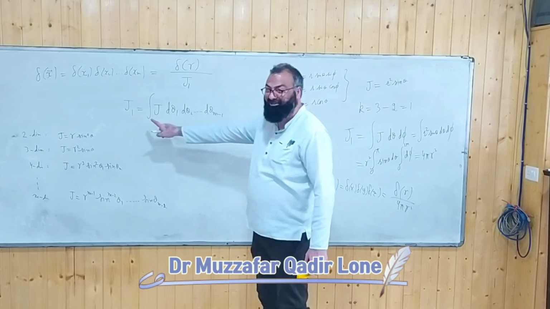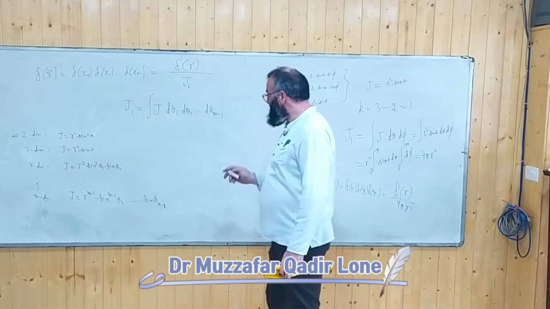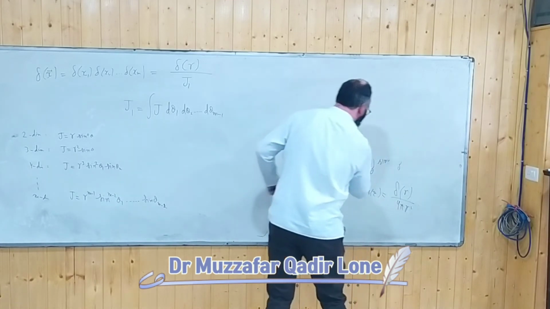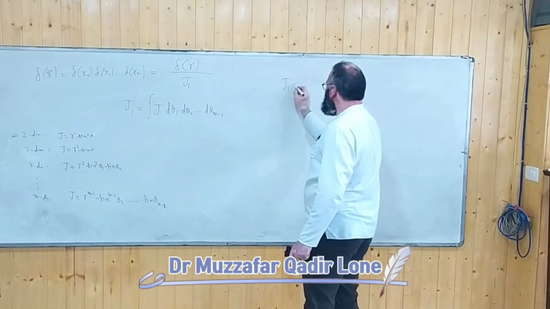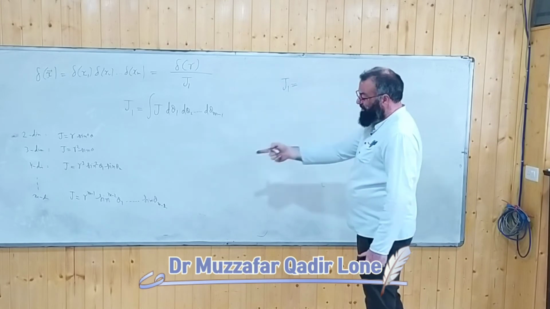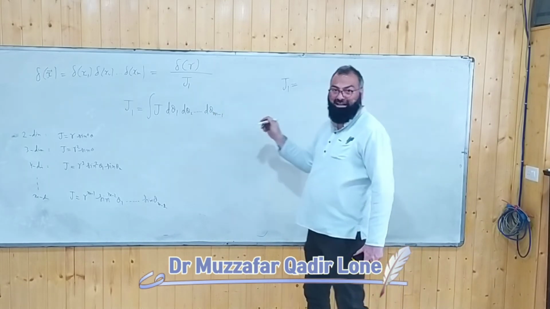Now what do I need to calculate? J1, is it? Or summation? So let's calculate J1. So J1 is equal to simply the integration over that J, is it? Since you are integrating over theta, I can take R raised to m minus 1 out.